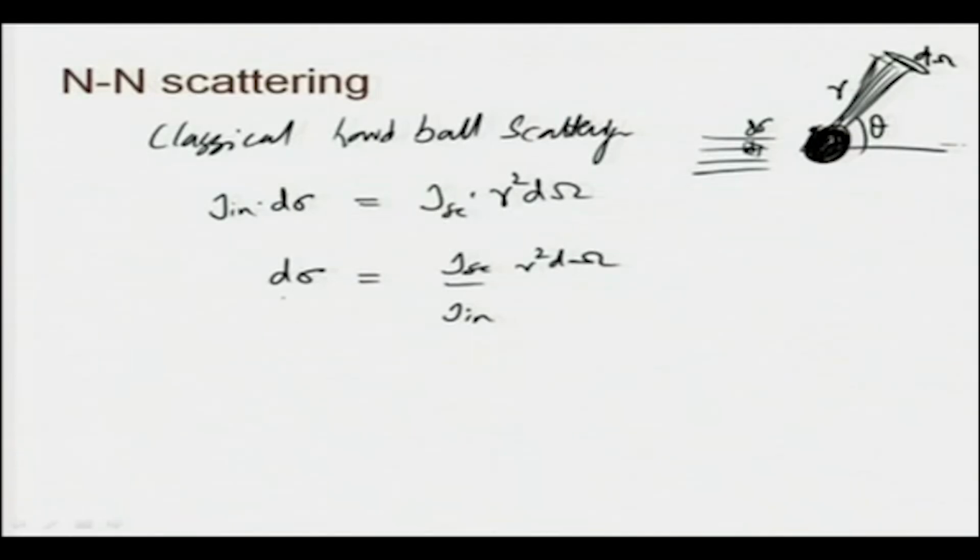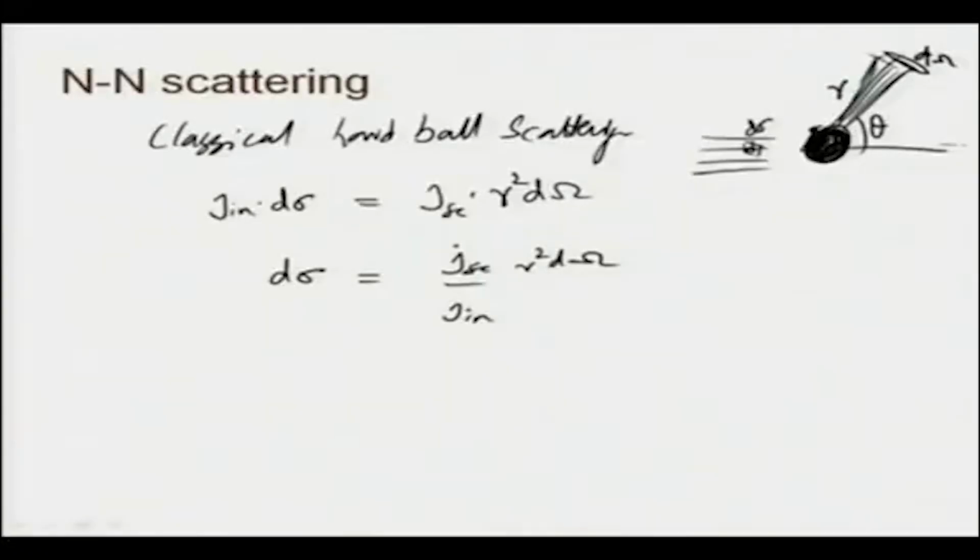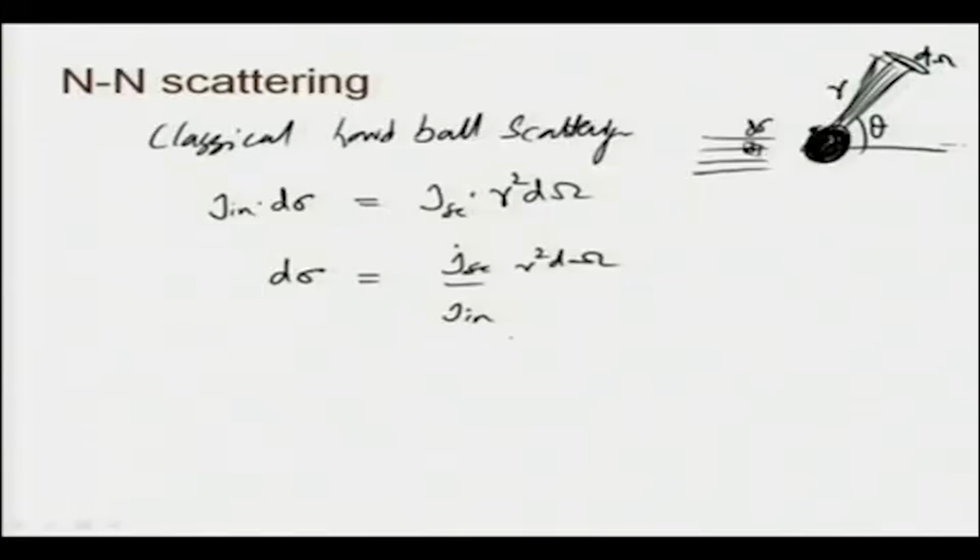From a scattering experiment like this, for a detector of d omega solid angle kept at a distance r from the scattering center, if J sc is the current or the flux of the particles that it receives, and J in is the incident flux, then those particles would have gone through this d sigma cross section. So, this is the kind of physical interpretation that we can give, comparing the two currents.